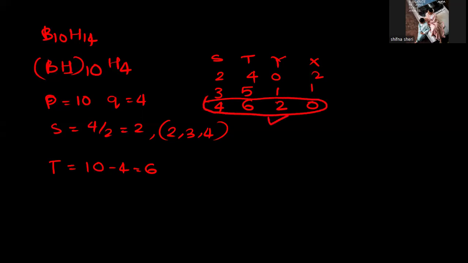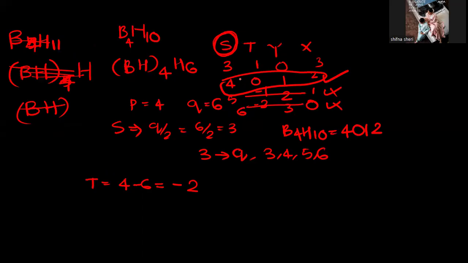So you may doubt that whether in T there is no increase in number. That means you have to move to the positive number. When there is a negative number, like minus 1, you have to move into the positive numbers, minus 1, 0, 1.